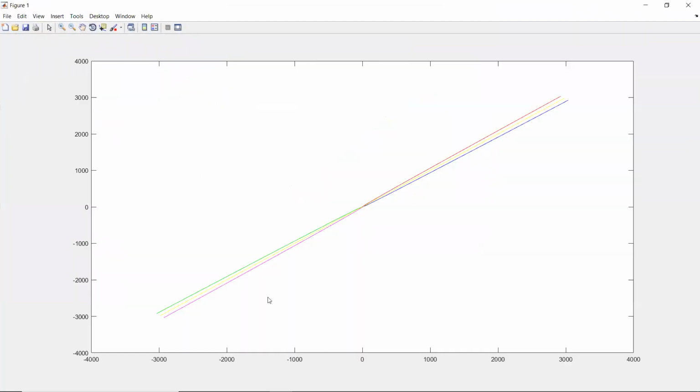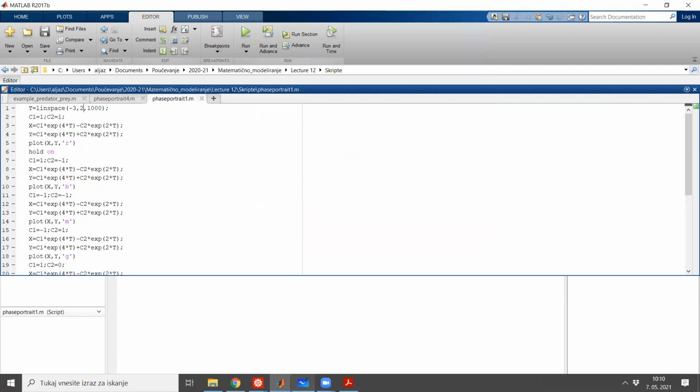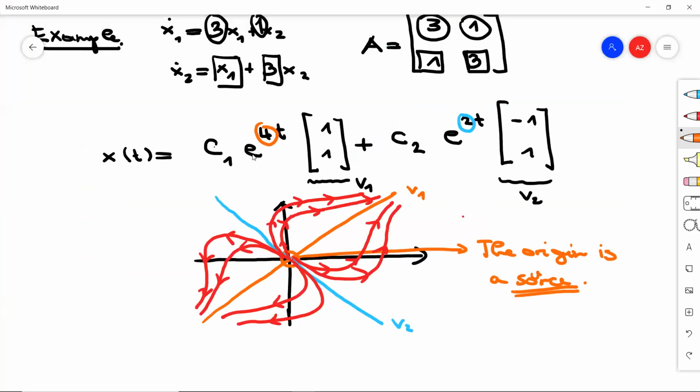Why? Because the x coordinate is on the scale between -4000 and 4000. And this is because if you look at the solution, we have here e to the power of 4t.